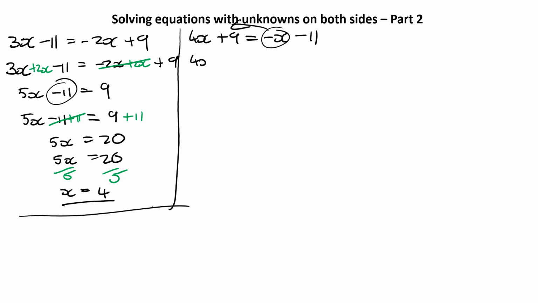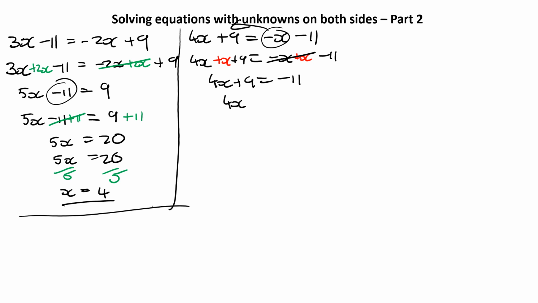Because it's a minus x, that's how we balance it: plus x here, plus x here. Oops, I forgot that. That cancels out, and I'm left with 4x plus 9 equals minus 11.